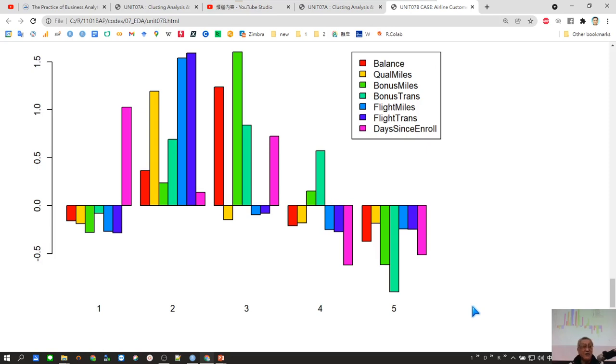And clustering is free. You can group it into 10 groups, 20 groups, or even 50 groups. The problem is that when you group it into too many groups, you cannot manage them, because they are too small. It might not be worthwhile to design a strategy for them.